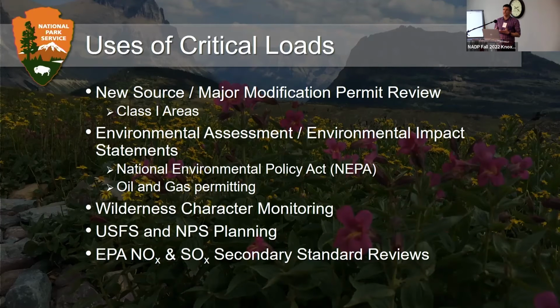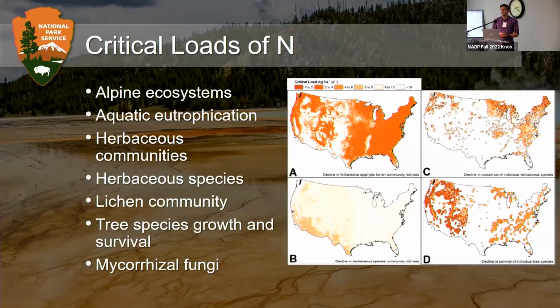We really need to get a handle on where the critical loads are and where they're being exceeded. So what we did here is we took all of that critical load data. We needed to hit pause on Chris's advancements and ask, okay, what do we have? Where is it? Where is it exceeded?